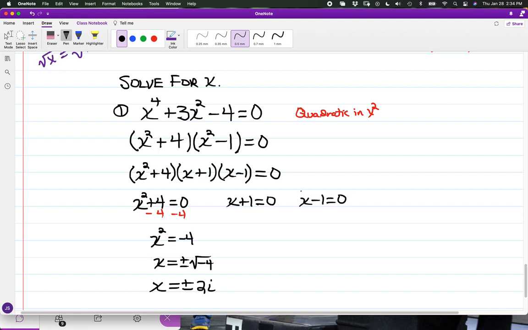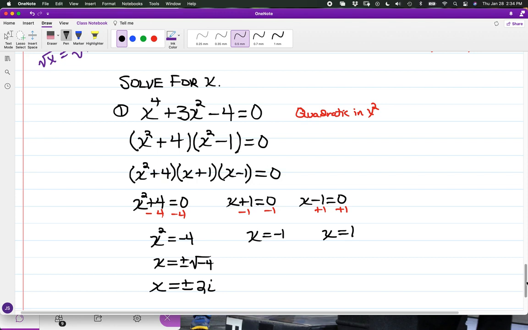If I set x plus 1 equal to 0, I have x is equal to -1, and for x minus 1 equal to 0, I'm going to have x is equal to 1.